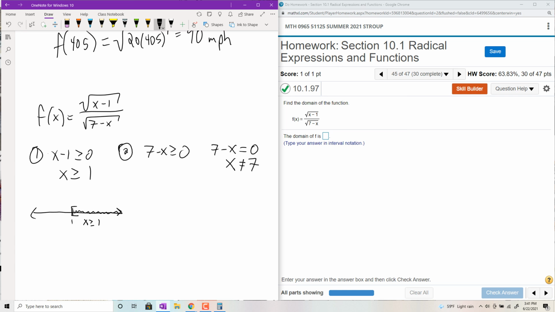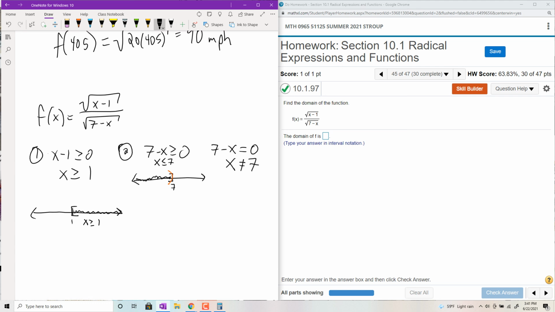Let's put the other up here first. So adding x to the other side and then flip-flopping the inequality, x less than or equal to 7. So if here is 7, it's everything below that. And x does not equal 7, so we have to use an open parenthesis here. We can't use the closed.